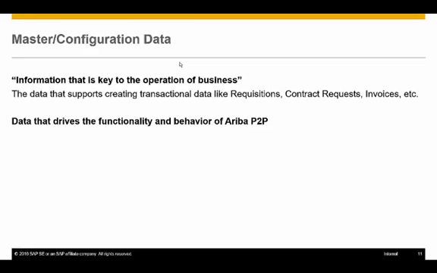So information such as your accounting information, payment terms, vendor IDs or vendor location information, all such things become core master data that is absolutely necessary for you to create a transaction. Configuration data basically means it drives how P2P needs to behave when you create a transaction. So things such as how we are going to control receiving, how we are going to design your approvals, all these things fall under configuration data.